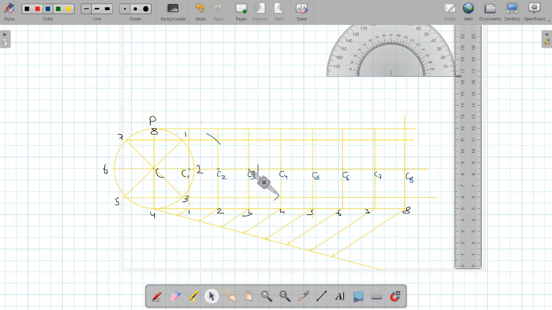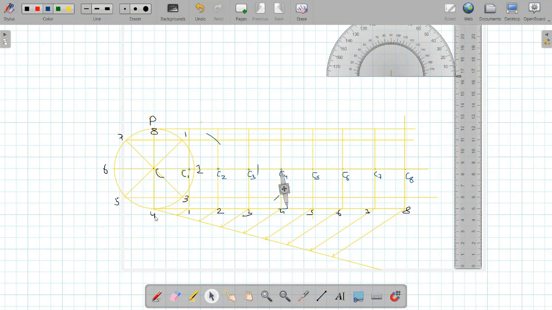Then we will shift to center 4 and cut on a line of C4, which is this one, the line at the bottom. And if your construction is perfect, this will exactly become a tangent. This line will become tangent to this curve. Now, till point 1, 2, 3, and 4, point P was traveling in the downward direction. Hence, we make a cut on the right hand side.